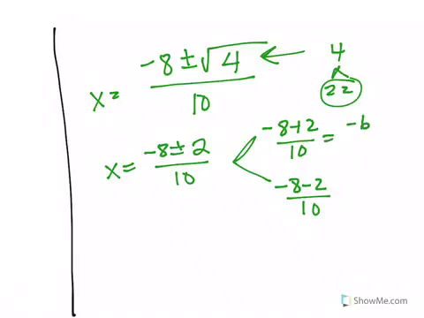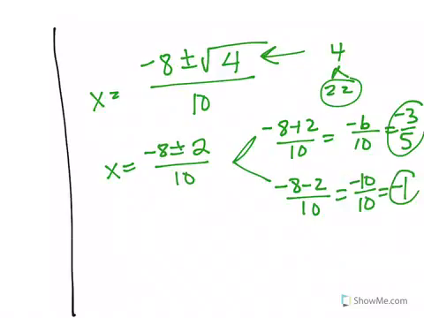This simplifies to negative 6 over 10, which becomes negative 3 over 5, one of our answers. And then this one becomes negative 10 over 10, which simplifies to negative 1. So your answers for this problem are negative 3/5, comma, negative 1.